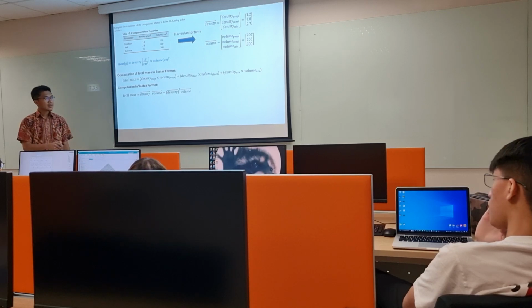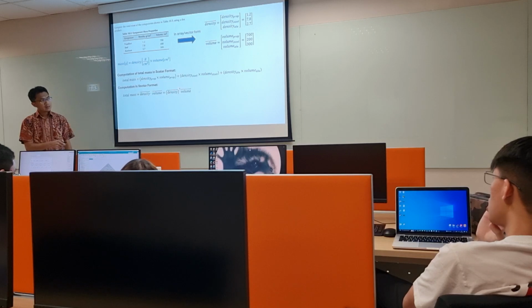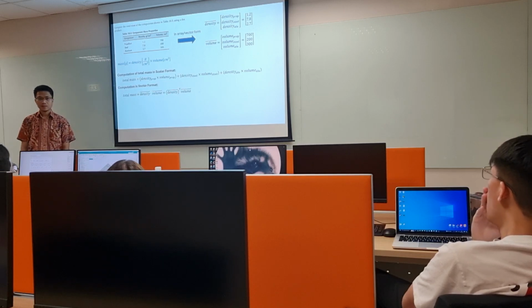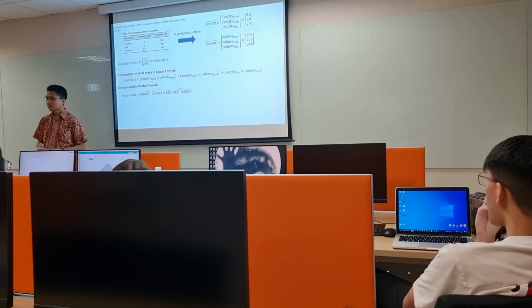In vector computation, it is done using the transpose product. This is transpose: density transpose multiplied by volume. Do you know what we mean by transpose? Yes, the column becomes a row.